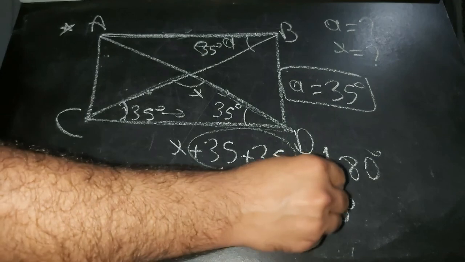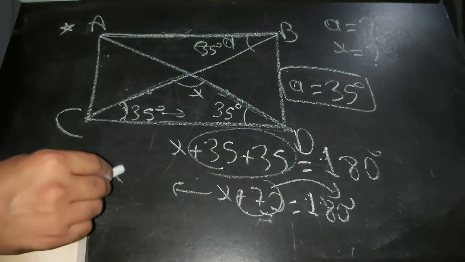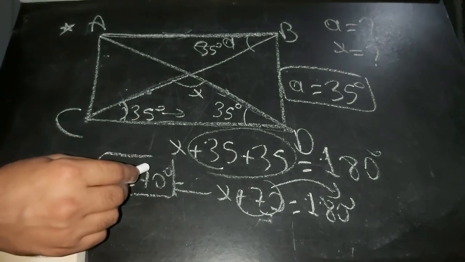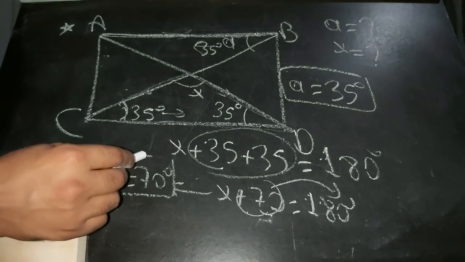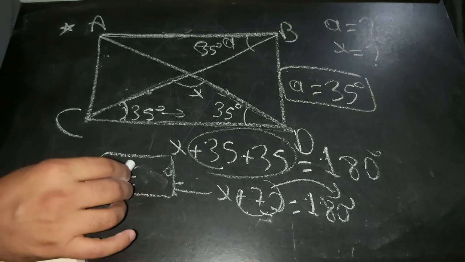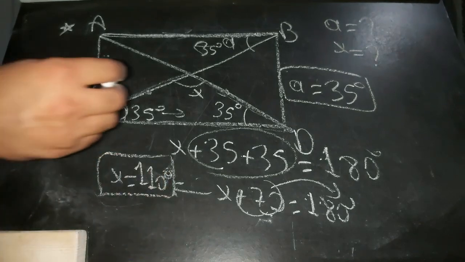This one goes to the other side as negative, so X will be 70 degree. I mean 110 degrees, sorry, 110 degrees. Right, this one will be 110 degrees.